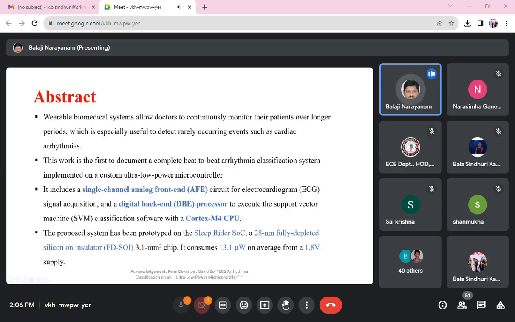So it includes a single channel analog front end circuit for acquiring the ECG signal, and also there will be a digital backend processor to execute a support vector machine. The SVM, as you all know, is used for disease classification, and particularly the authors have taken an ARM Cortex CPU.